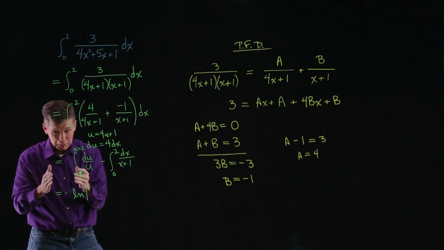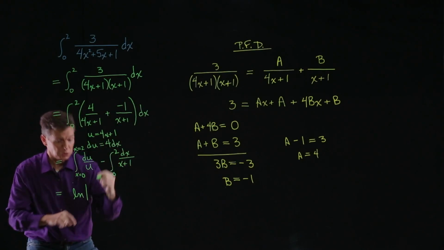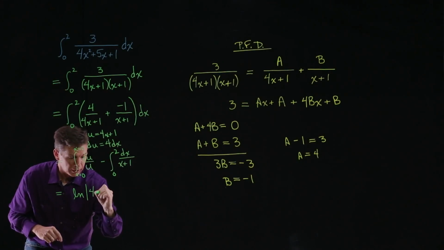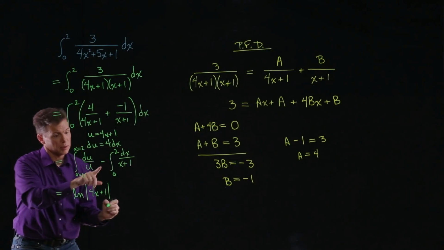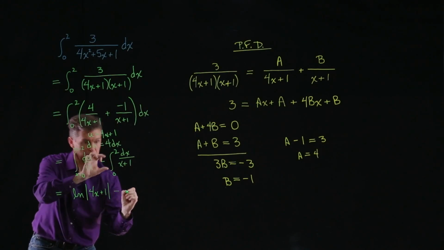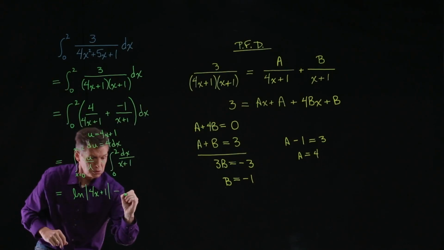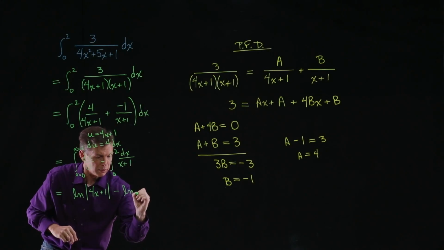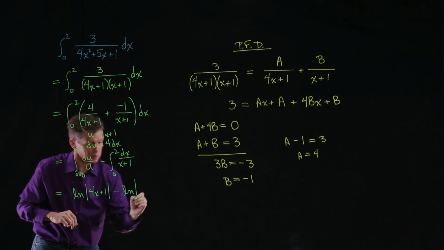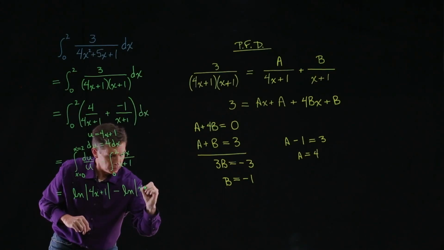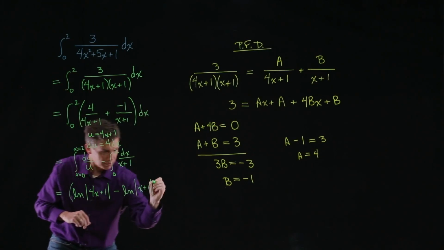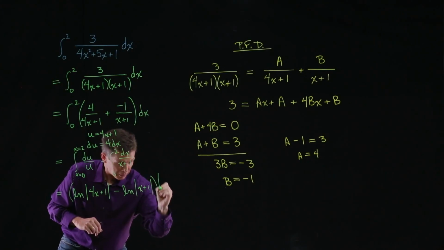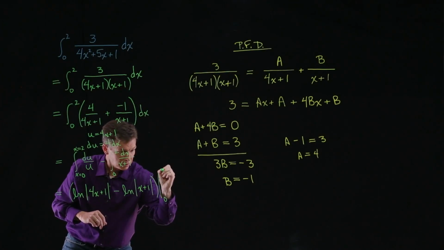And this is where I was saying something about resubstituting, so let's put that u back in, 4x plus 1, absolute value. Subtract, you can integrate this guy now too. Also an ln, absolute value of x plus 1. And all of that is evaluated from 0 to 2.